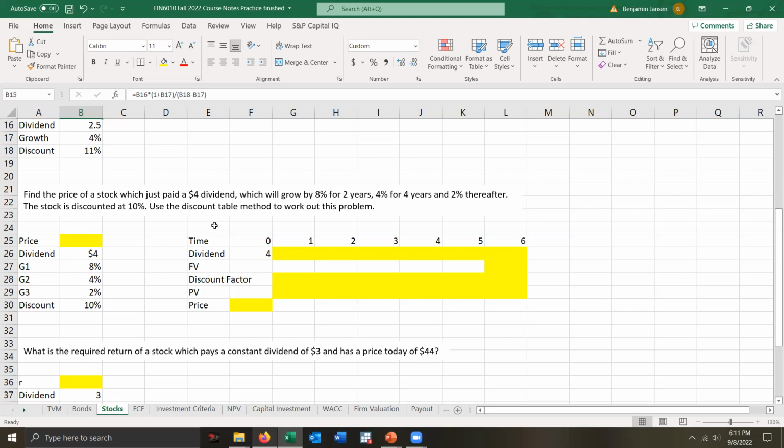Right? Remember, there's 4 steps for setting up a table. What are those 4 steps? Set up the time periods first, then put the cash flows in their respective time periods. Yep. So those are the first 2 steps. Third step.